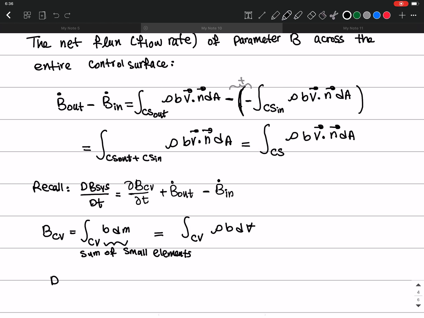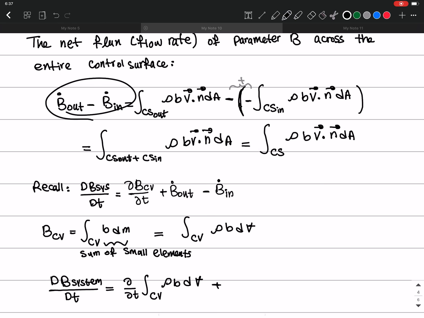Okay. So based on this formula, dB system, the total derivative of B of the system with respect to time, equals the partial derivative of the integral over the control volume of rho b dV, plus all these terms, B dot out minus B dot in, which is what we have here.